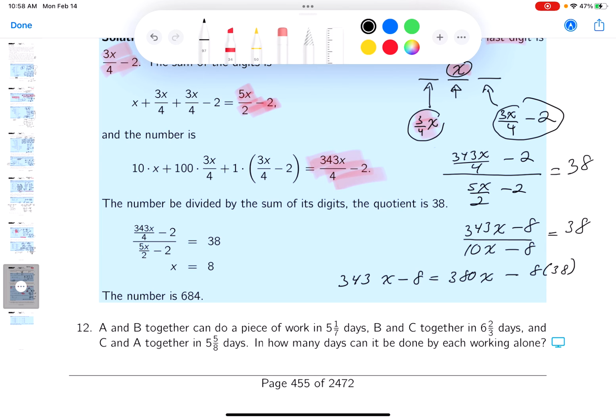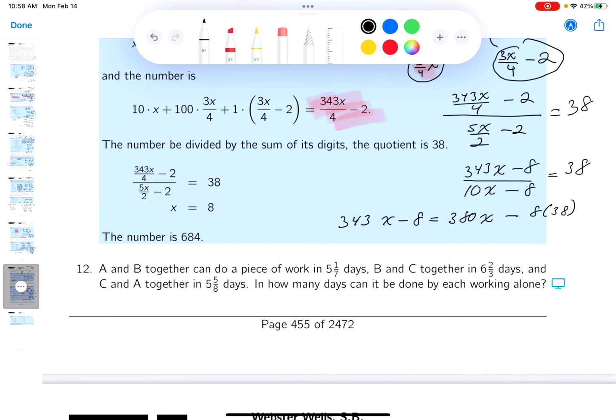All right? Well, I got to keep moving around here, don't I? And I'm going to put it down for you. What I'm going to do is subtract 343x from both sides, and that's going to give you 37x. By the way, my saving grace here is I know x is a nice integer, and we'll get there later. And then I'm going to subtract. Now, what do I mean by that?